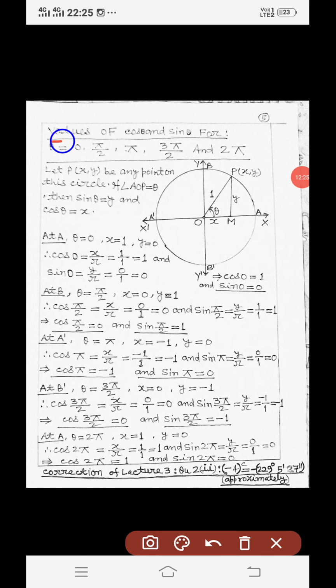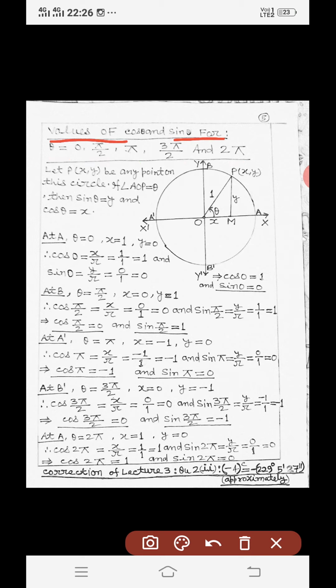Values of cos theta and sin theta for theta equal to 0, or theta equal to pi by 2, or theta equal to pi, or theta equal to 3 pi by 2, or theta equal to 2 pi.